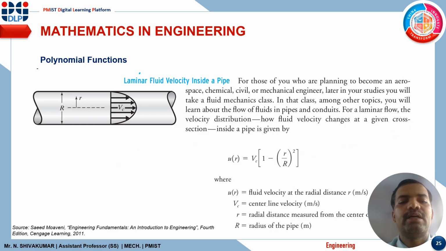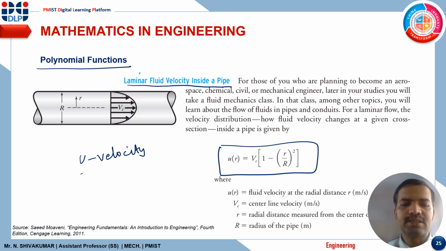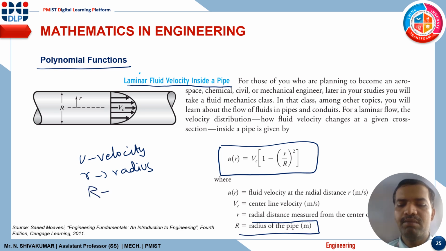It involves a polynomial function. This is the laminar fluid velocity inside a pipe. Here u is a function of radius. u is velocity, and r is a variable, the radius at a given point. What is capital R? The radius of the pipe, which is a constant for a given pipe.